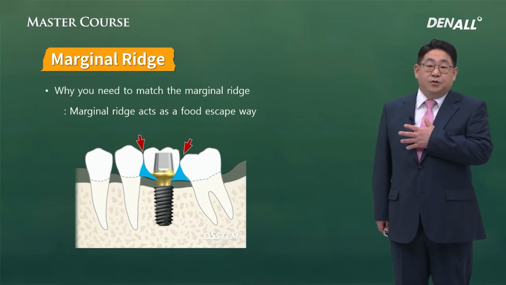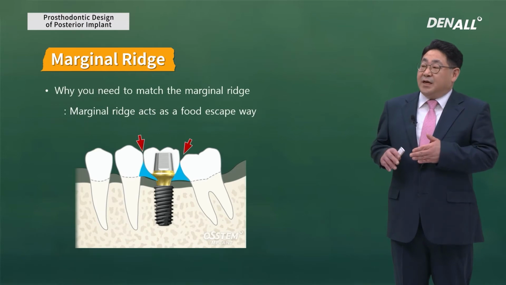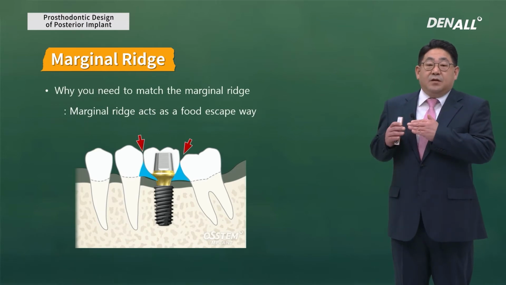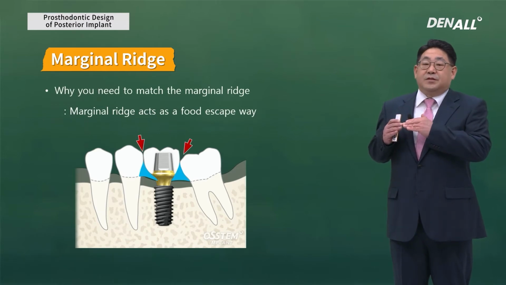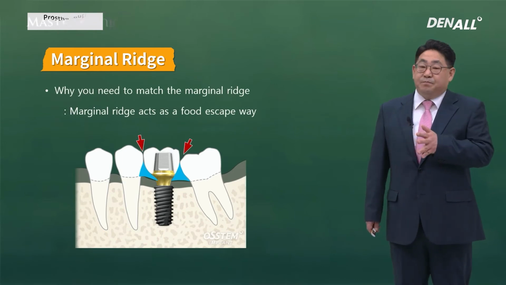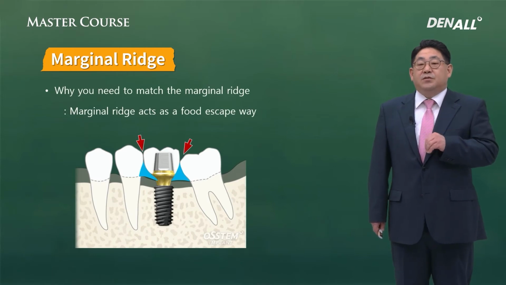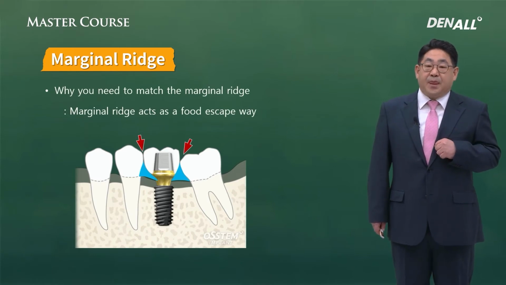And for the distal marginal ridge, because the distal tooth is mesially tilted, the marginal ridge may not be aligned with the adjacent teeth as well. In this case, both on the mesial and distal side, due to wedging effect, the food impaction can occur.